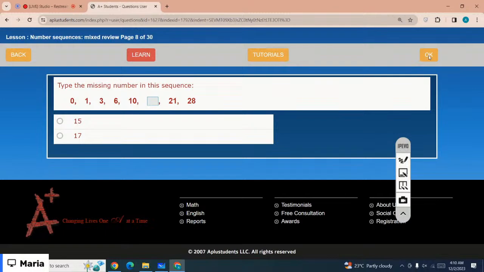Okay, you can complete the lesson by yourself later today. Let's just move on to the next lesson. Okay, let's just do more questions from the lesson. Type the missing number in the sequence. So which number is missing?